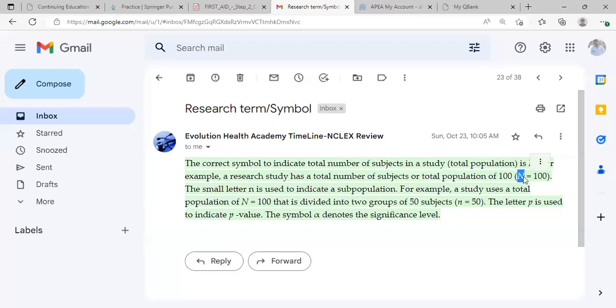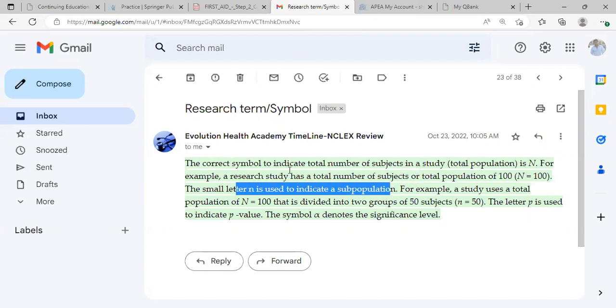So if the board asks in a research study, how will we represent the total number of the subject or population? By N. Capital N is for the total number of the subject or population. The small n is used to indicate subpopulation.